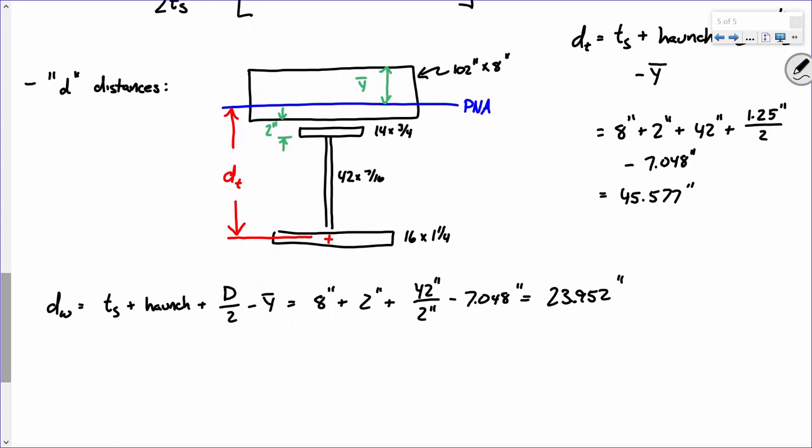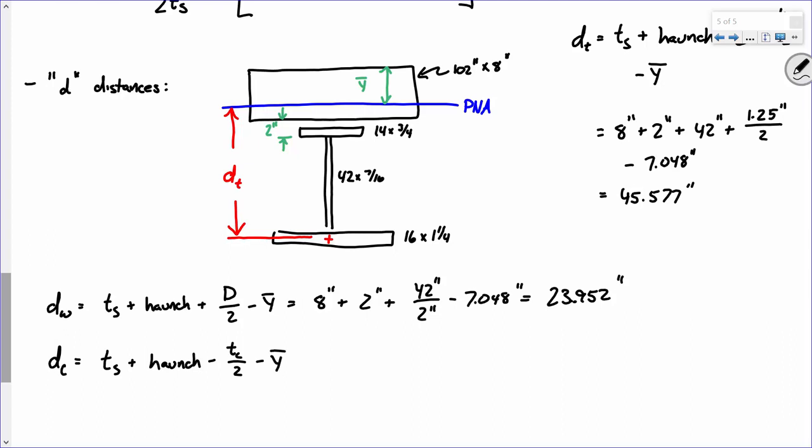Now, here's where you got to pay attention. D sub c. Okay, now watch what I'm going to do. I'm going to start at the top, and I'm going to go slab thickness. I'm going to go haunch. Then what? Minus the top flange thickness over 2 minus Y bar.